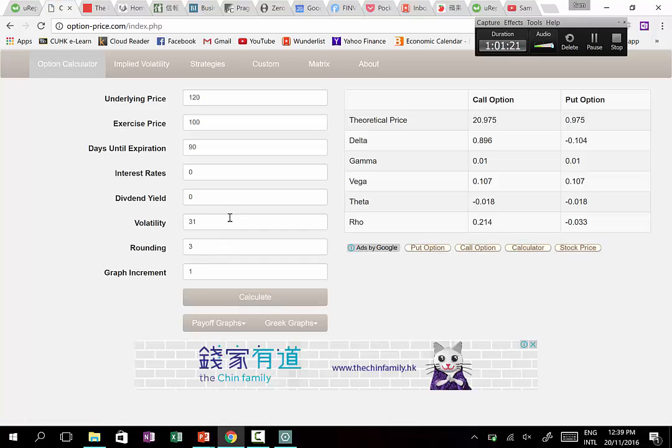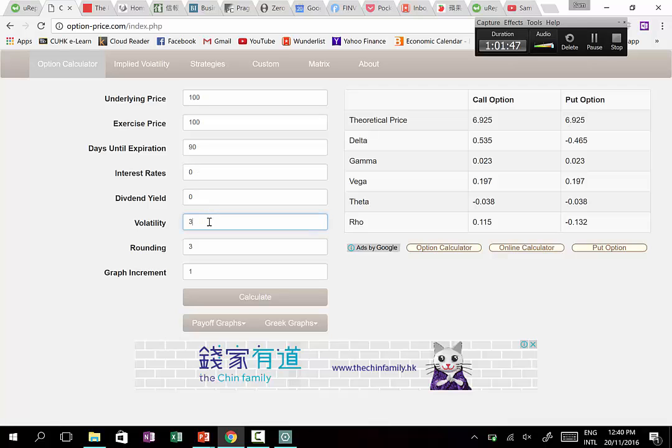Let's say to 35. So vega now goes from 0.107 to 0.125, whereas if this option was at the money, vega is huge, okay? But it does not react. It hardly reacts to volatility.